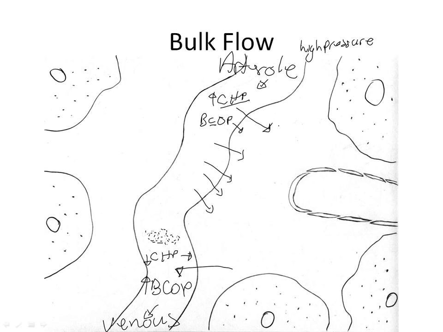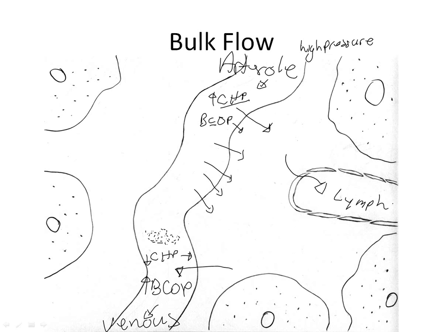Now, not all of the fluid that leaves the arterial side of the capillary comes back in on the venous side of the capillary. What happens here is that some fluid that enters the interstitial space will make its way into the lymph vessel. If you remember, this is my lymph vessel.